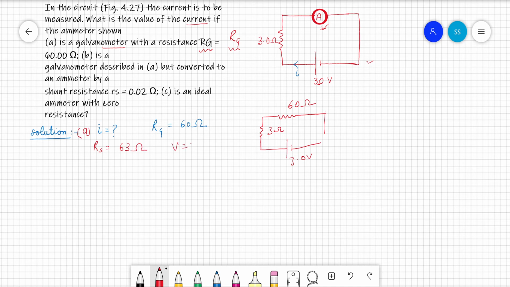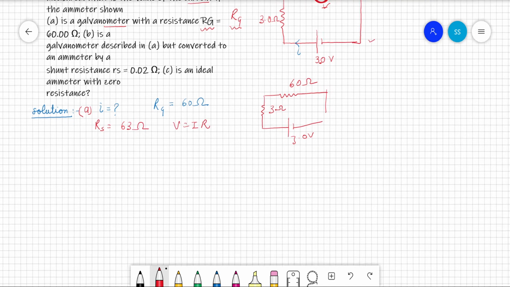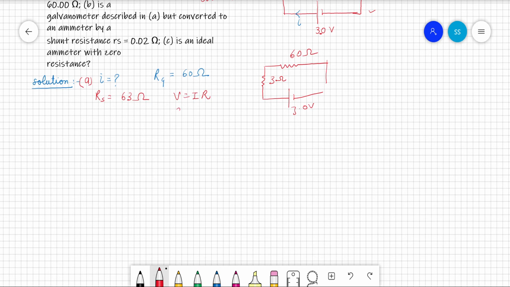And how do you write V equals IR? V equals IR. V is given as 3, I we have to find out, R is actually 63. So I becomes 3 divided by 63, which gives you 1 by 21 ampere. That is my first part.